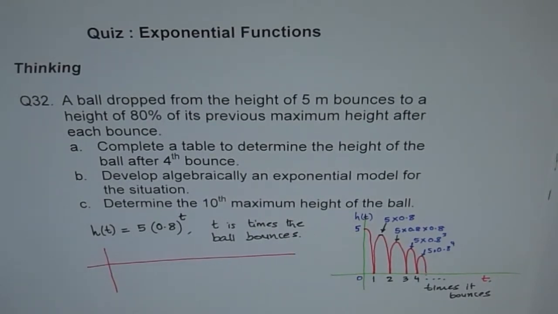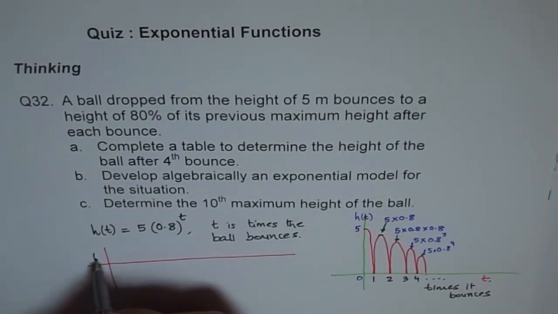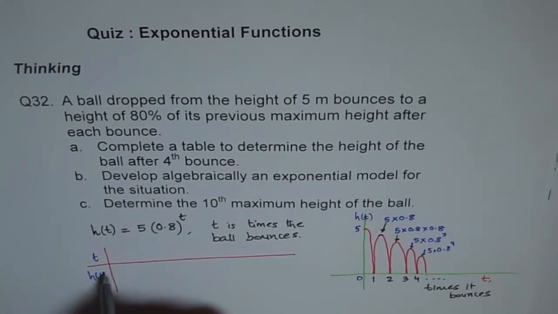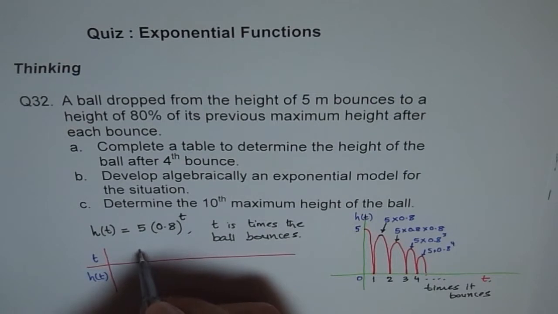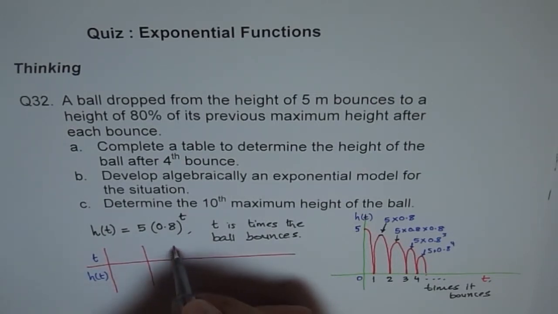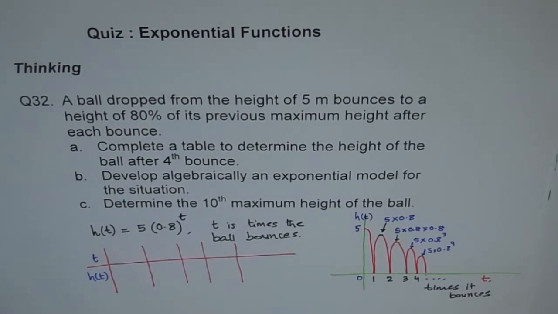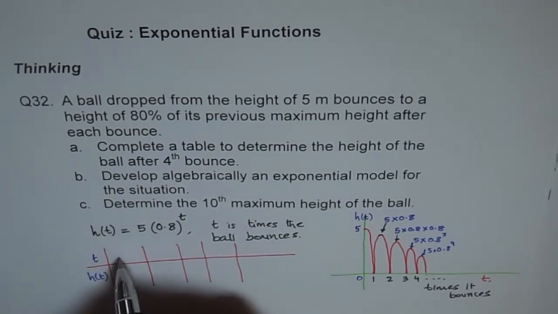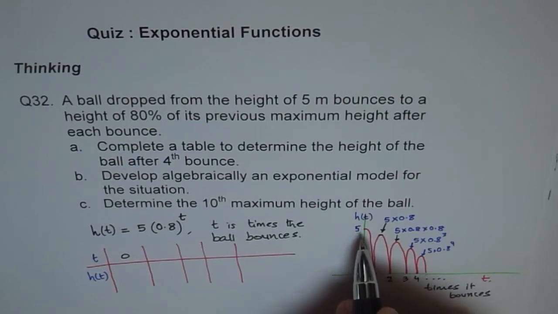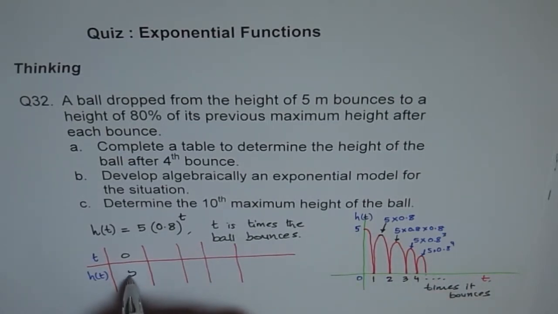This is the number of times it bounces and this is the height after every bounce. We have the initial value, so let me write 0 as the initial value where the height is 5.